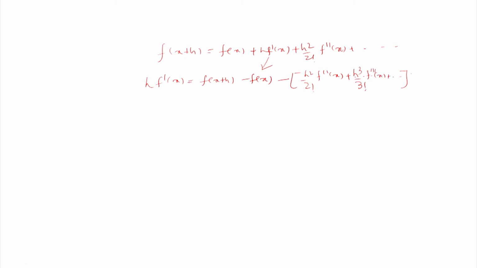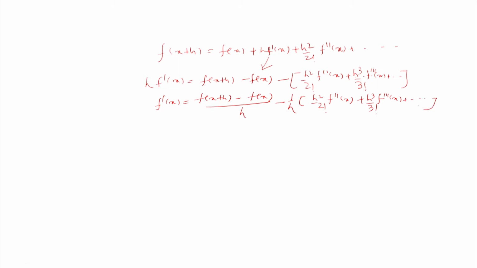So then we can express this one as f dash of x equals to f of x plus h minus f of x divided by h minus 1 by h times h square by 2 factorial f double dash of x plus h cube by 3 factorial f triple dash of x plus all other terms here.